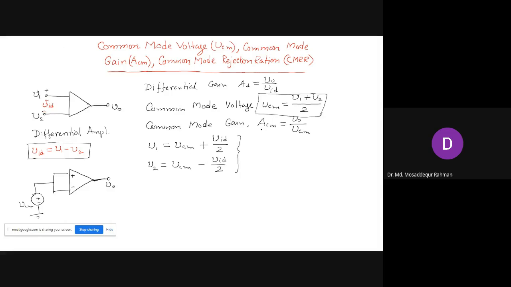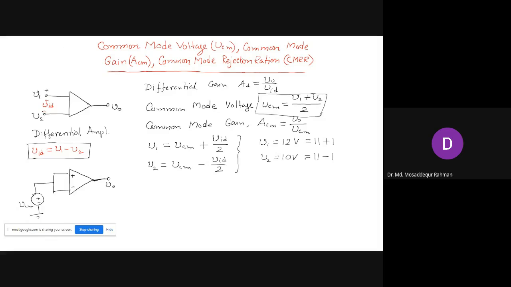For example, let's say V1 is 12 volt and V2 is 10 volt. If we have the inputs like this, we can easily express V1 as 11 plus 1, and V2 as 11 minus 1.